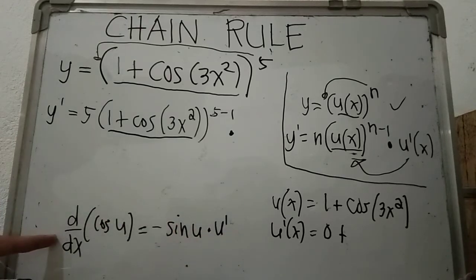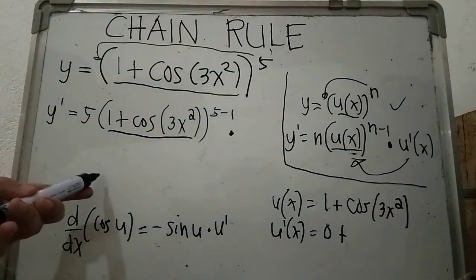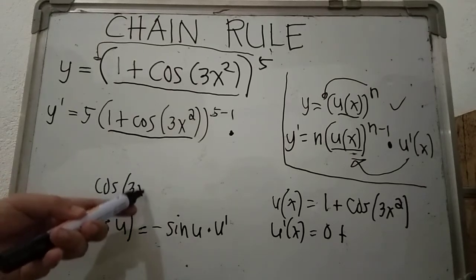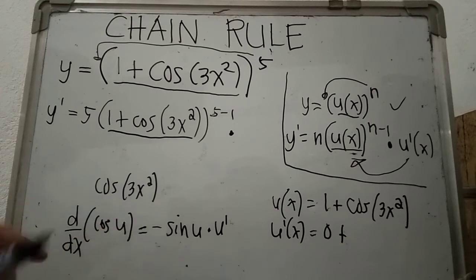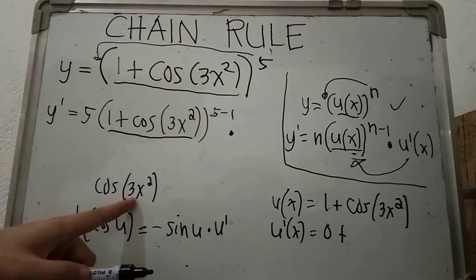Now, if you base that on our cos 3x squared, this is our cos, and our u function is equal to 3x squared.